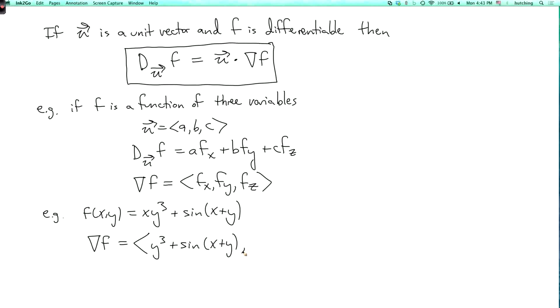And then we have the partial derivative with respect to y, which is 3xy squared plus sine of x plus y again. Okay, sorry, this is an angle bracket. All right, so this is a vector. It's a vector depending on the point xy. And if you want to calculate the directional derivative of f in any direction, then all you have to do is take the dot product of the direction vector u with this gradient vector.